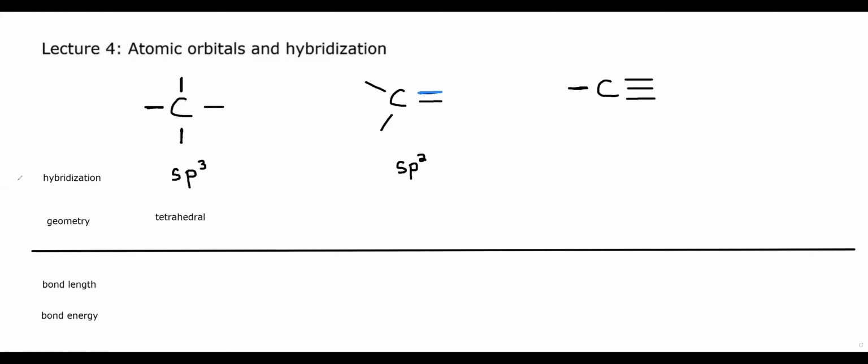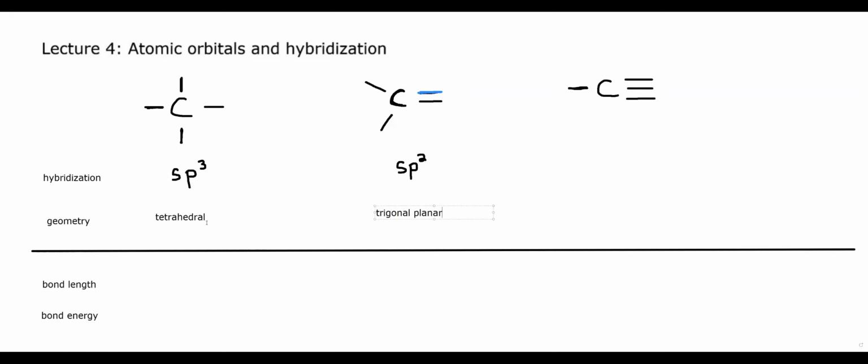And what is the shape of this? Well, it's a carbon connected to 3 different things: 1 over here on the right, 1 down here, and 1 up here. So what's the shape we get if we connect an atom to 3 things with no lone pairs? It's trigonal planar. This is why a C double bond C is flat.